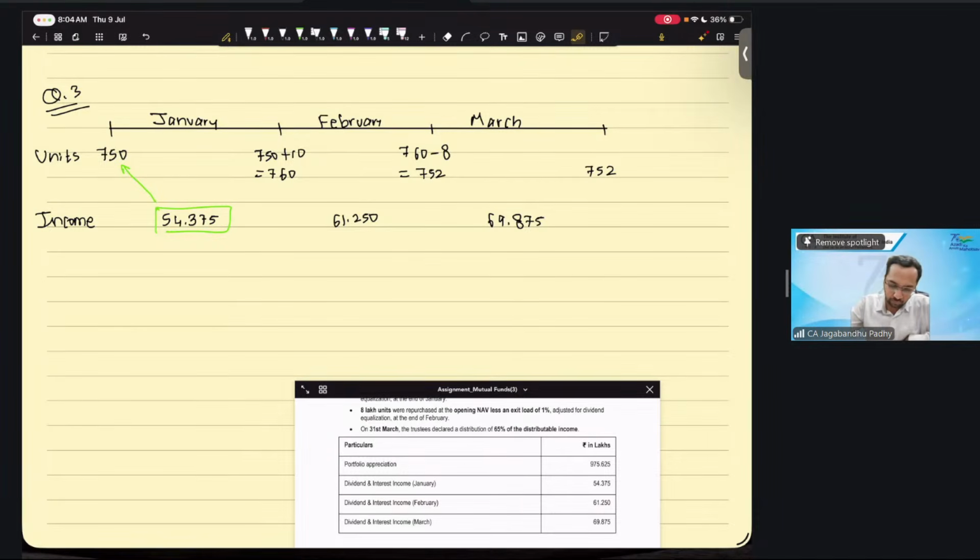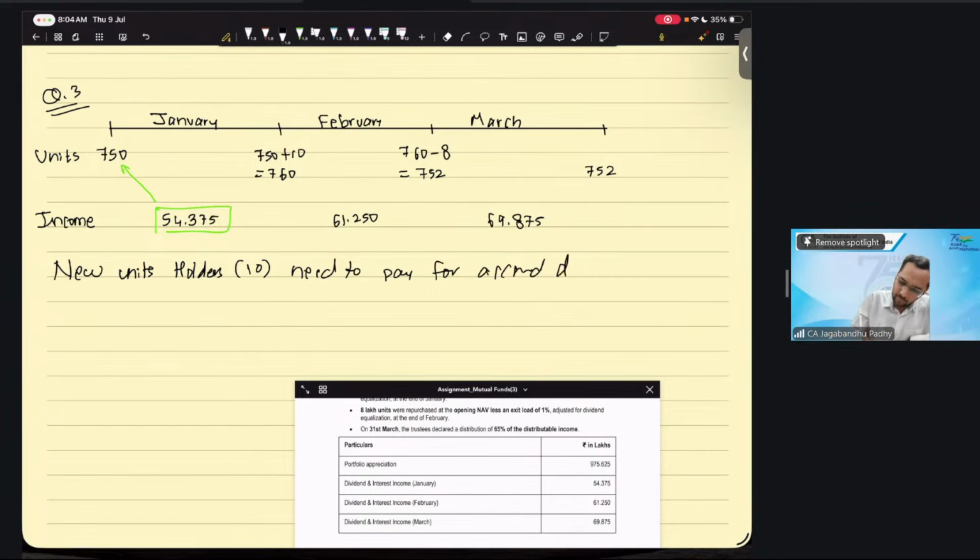Right? So the new unit holders, whichever are the 10, need to pay for accrued dividend. Okay, this is simply like ex dividend and cum dividend.